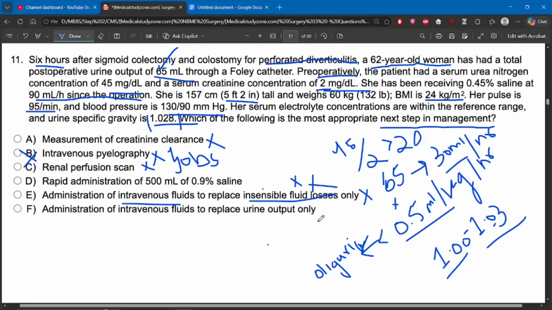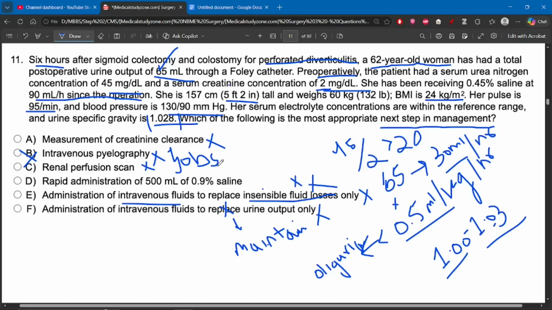Administer IV fluids to replace urine output. Again, this doesn't really make sense because you first of all don't need to replace it. You need to maintain the urine output. You don't need to replace it.